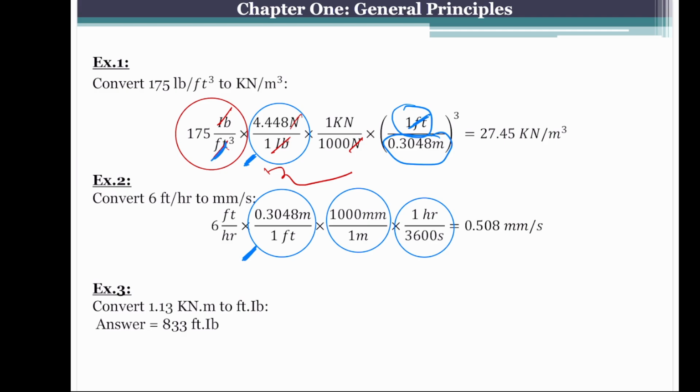When we wanted to get rid of the meter, we had the meter here and here, so that we can keep the foot and cancel it. It's just a matter of rearranging the fraction in order to get your answer.